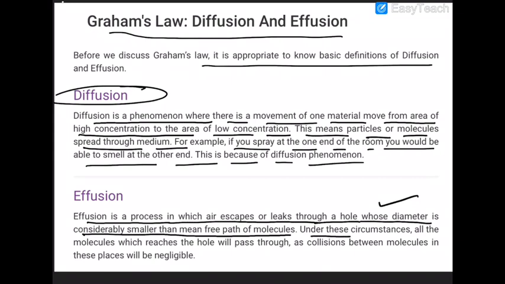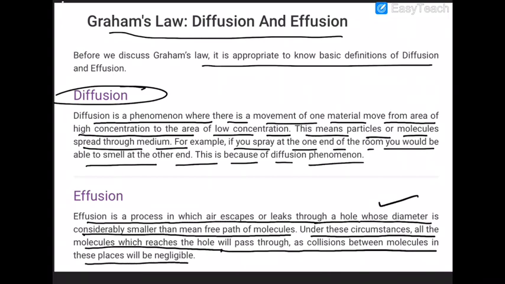Under those circumstances, all the molecules which reach the hole will pass through, as the collisions between the molecules will be negligible. So this is called effusion.